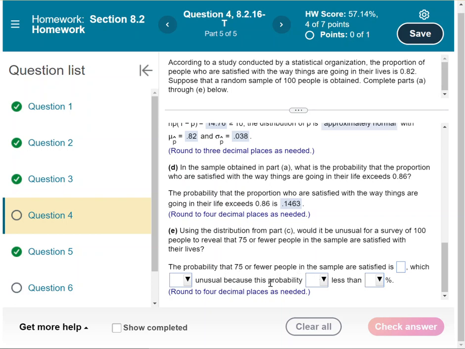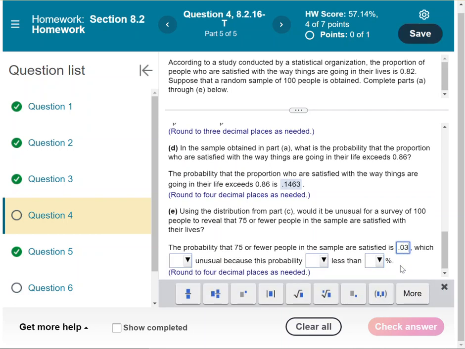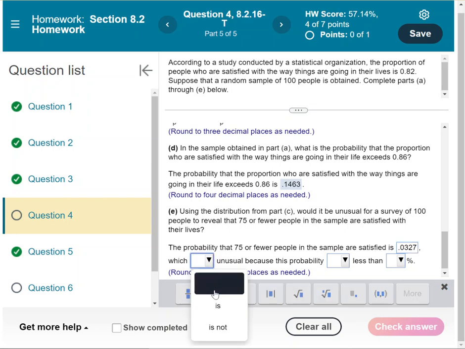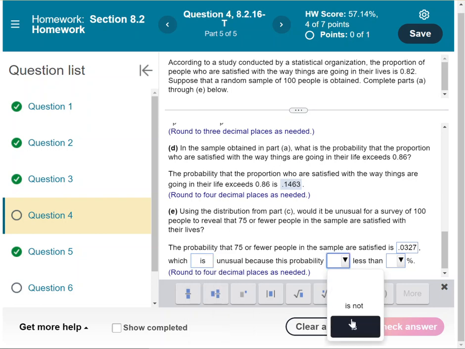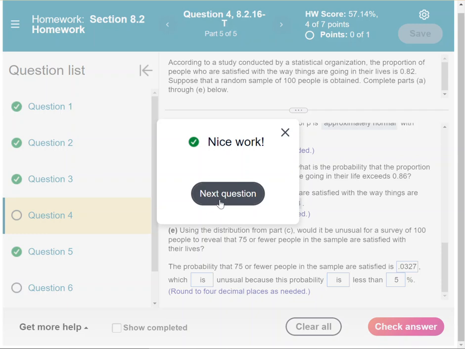So the probability that 75 or fewer people in the sample are satisfied, we got 0.0327. It does say 4 decimal places down below, which is unusual because this probability is less than 5%. All right, and so that does it for question 4.